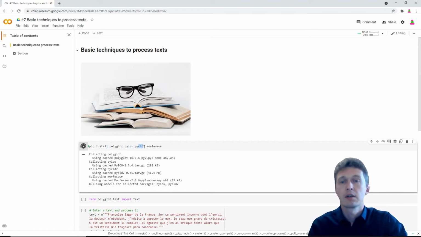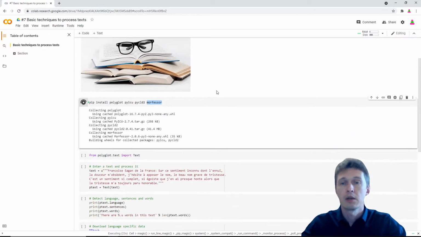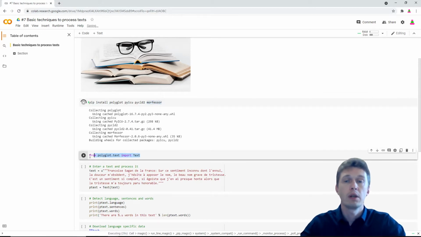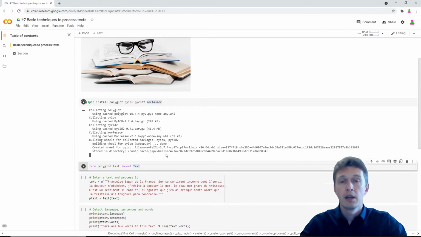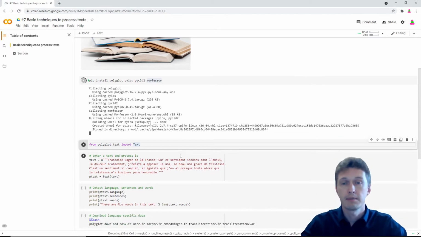CLD is Compact Language Detection, and Morfessor is a thing to work with morphemes. So it is downloaded and installed, and we shall import only one library, which is text, because today we talk only about basic operations.